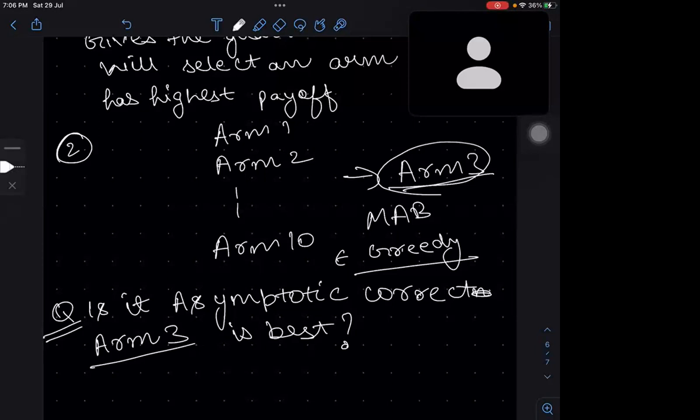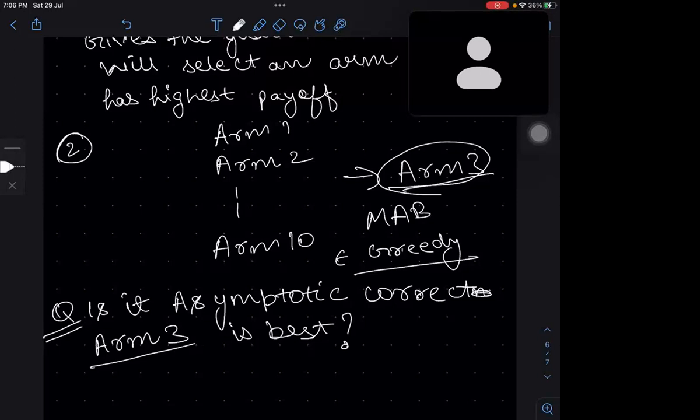Now I'm saying I did some math. Forget about asymptotic correctness for a second. I exploited some greedy approach or any approach, and I came to the conclusion that arm 3 is the best one. Now I'm asking, is it asymptotically correct to say that arm 3 is the best one? What do I mean?